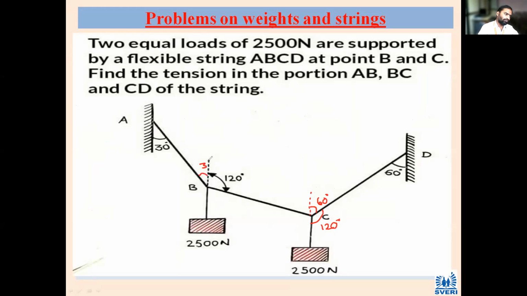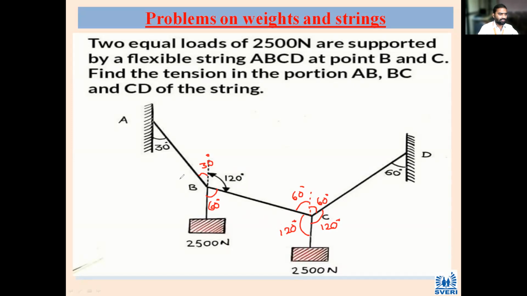It is 30. When this is equal to 120, this angle is 60 degrees. When this is equal to 60, this angle is 60 degrees. When this is equal to 60 degrees, this angle is 120. So you got all the angles.